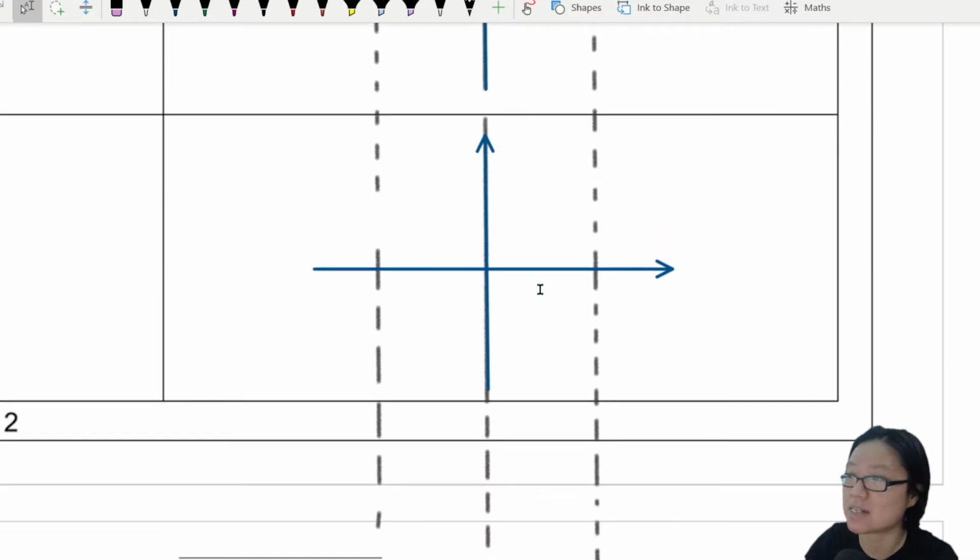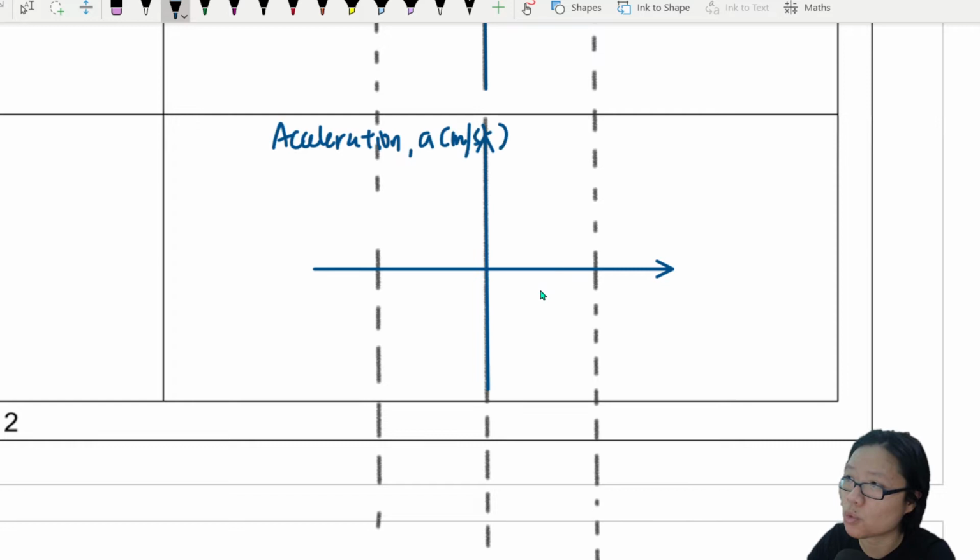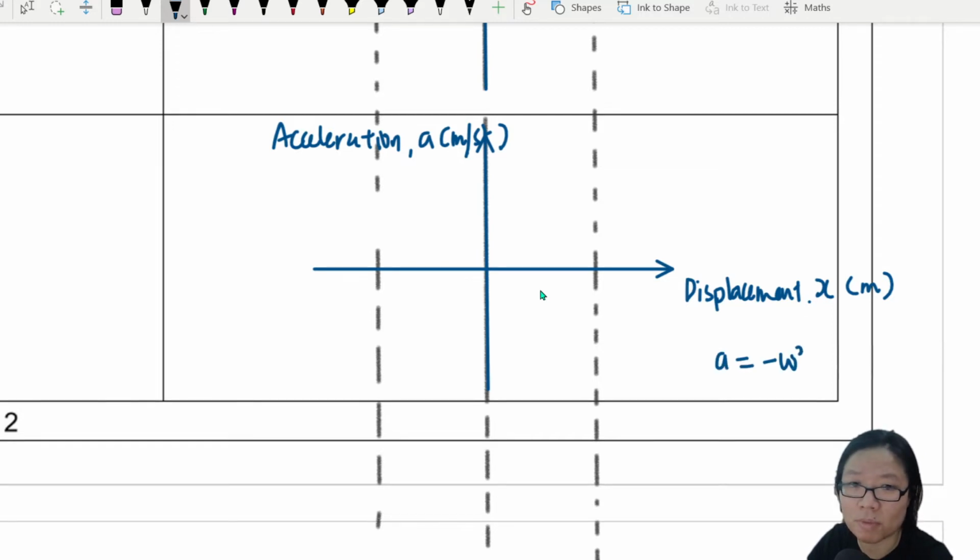That would be the acceleration against displacement. So I'm going to write here, acceleration a, the unit will be meter per second square, against displacement x, unit here, meter. All right, so we remember that the defining equation is a is equal to negative omega square x.